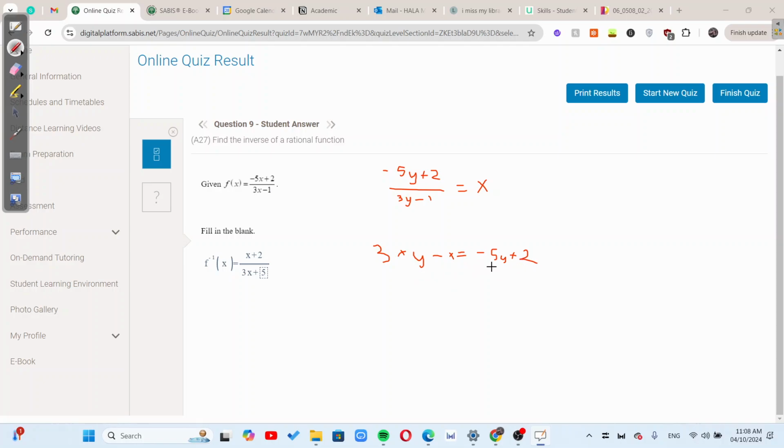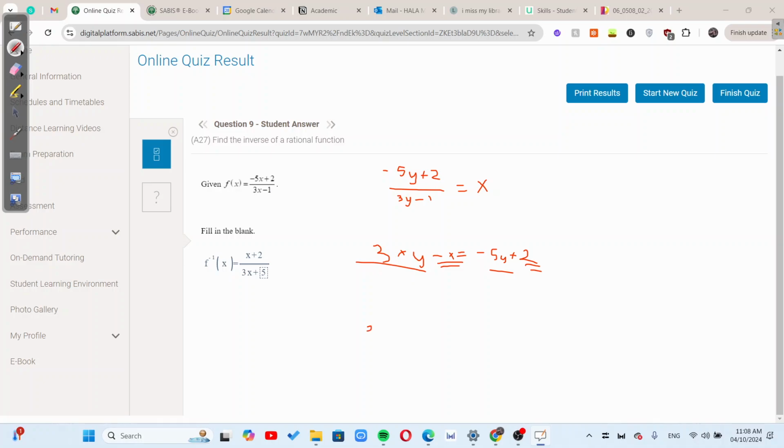So what you do here is you keep everything with a y on one side and everything without a y on the other. This is with y and this is with y. This is without, this is without. So we're gonna move this.